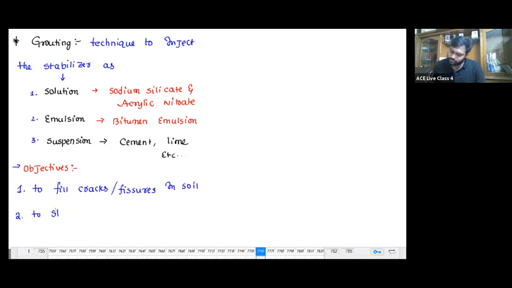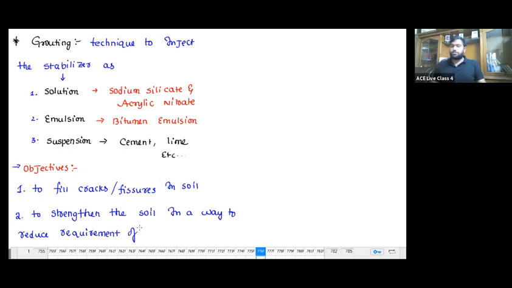Number two, to strengthen the soil in such a way as to reduce the requirement of lateral support.